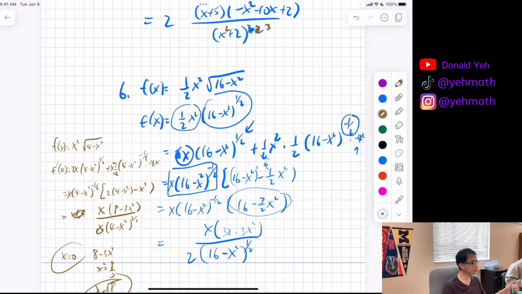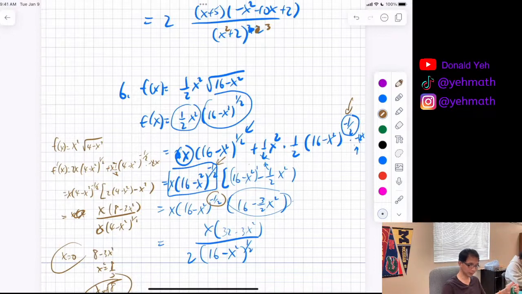But I got like 1/2 in the bracket. I think that's right. 1/2 x. Well, x over 2 is half, right? So how did you get it negative? How do I get this negative? Because I factored out the most negative. Why is this one negative 1/2?